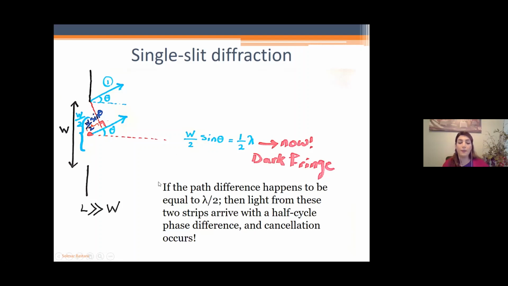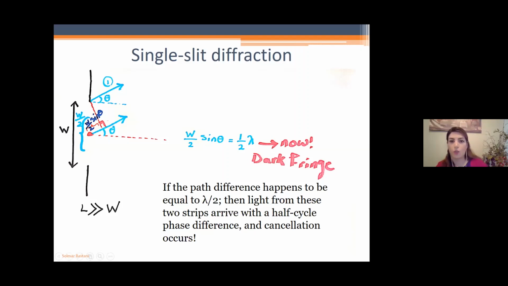Now, if the path difference happens to be equal to the wavelength divided by 2, or half of the wavelength, then light from these two strips arrives with a half cycle phase difference. A half cycle phase difference means cancellation of the wave, and we have a dark fringe. So if W divided by 2 times sine theta is equal to half lambda, we have a dark fringe here.